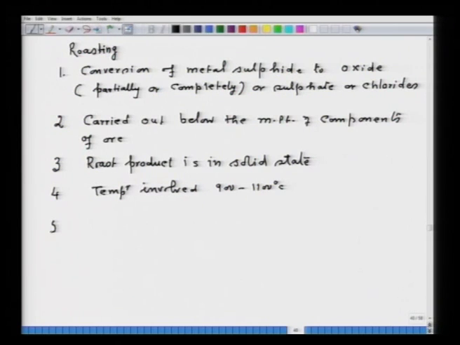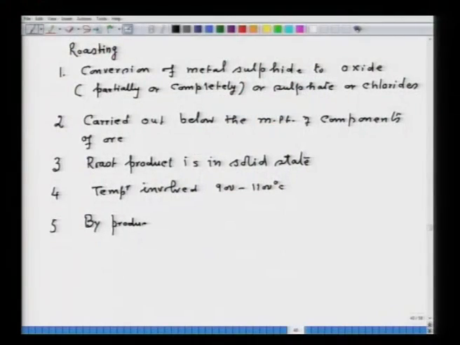Another important manifestation of roasting is that the product is roasted ore or roast product, whatever you want to say, and the byproducts of roasting are SO2-rich gases, because sulphide ore has 20% sulphur or even 30% sulphur depending on the deposit.